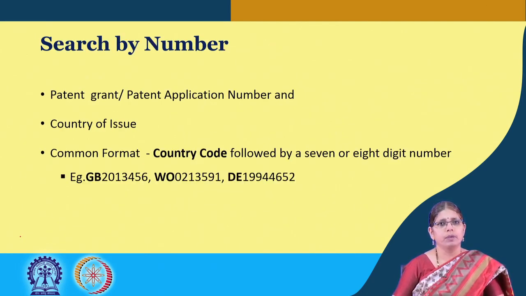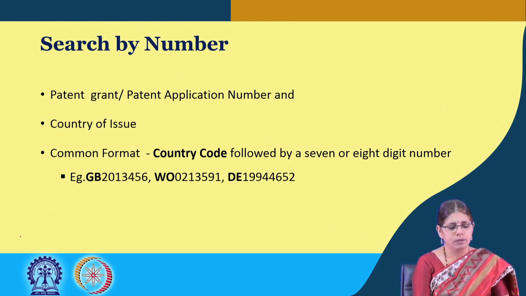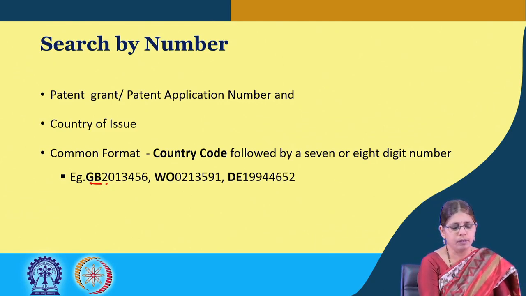Search by number is one of the simplest of the searches, and one can search by the grant number or the application number, and every country has its way of representing the numbers in relation to the published applications or the grants. For instance, what you see here is the country code and the number.